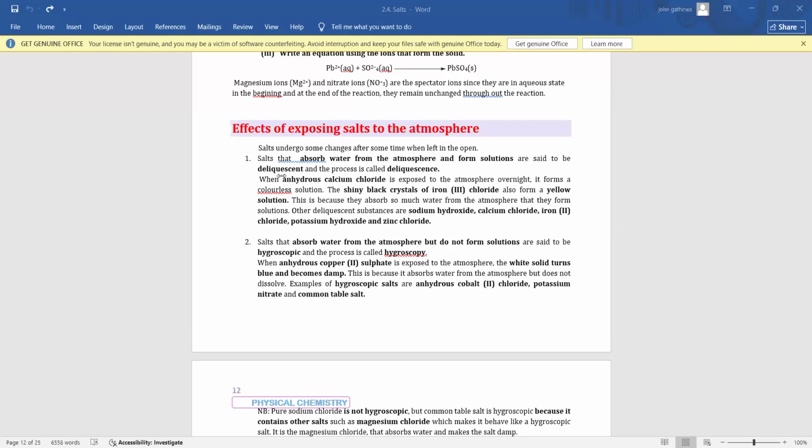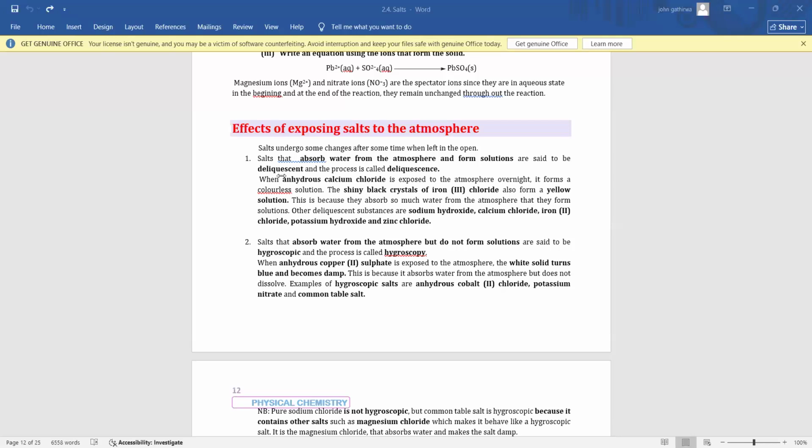Add excess copper 2 oxide into dilute sulfuric acid. Place the filtrate in an evaporating dish. Heat to boil. Allow it to cool. Dry between filter paper.